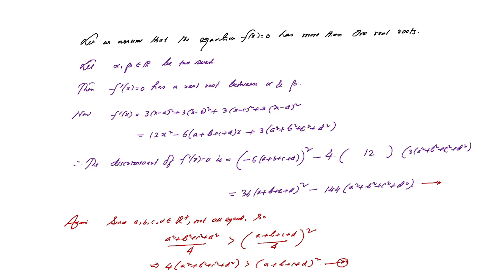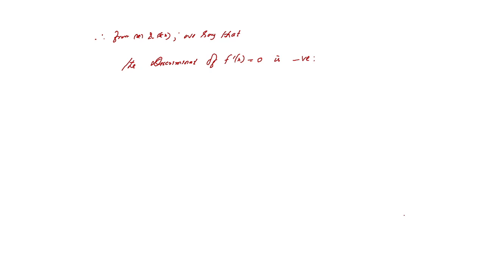You will see 36(a + b + c + d)² is less than this quantity. So obviously this quantity must be negative. So the discriminant of f' is negative, and so f'(x) = 0 has no real root.